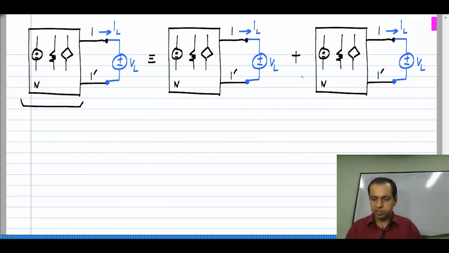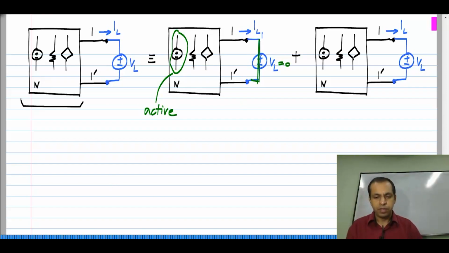I will indicate a plus here to indicate superposition. And what are the two cases? One in which the internal sources are active and VL is set to 0. That is, VL is replaced by a short circuit. I will compute IL1.